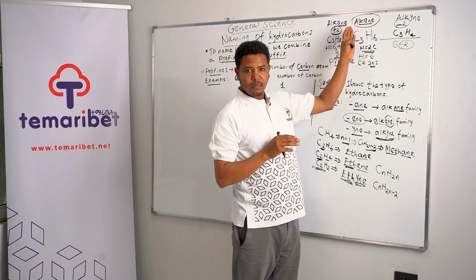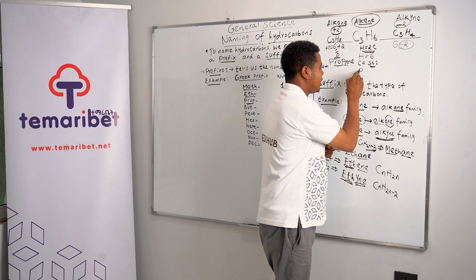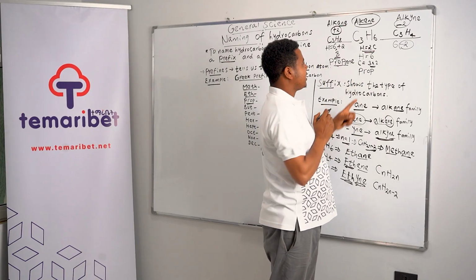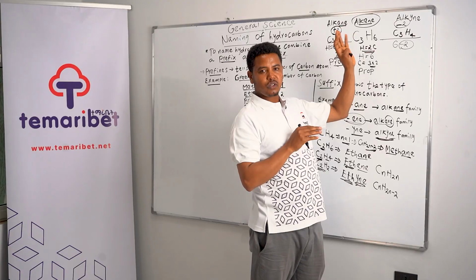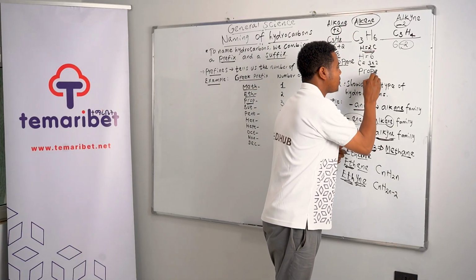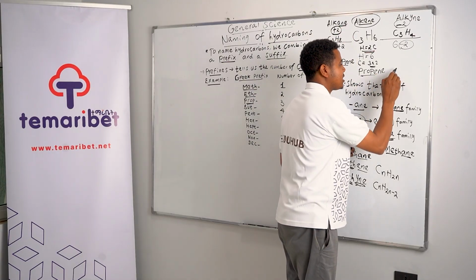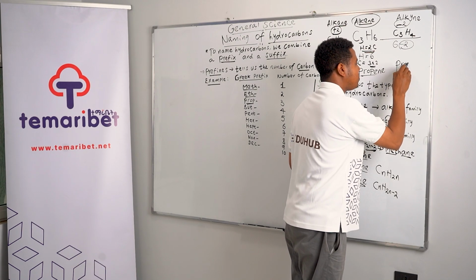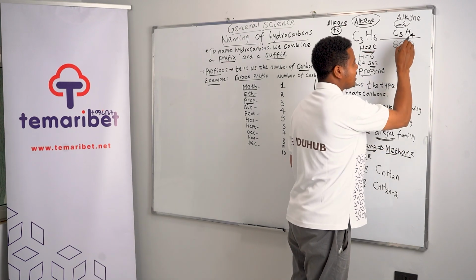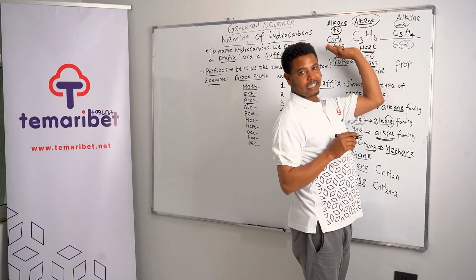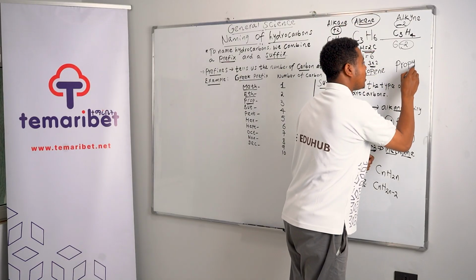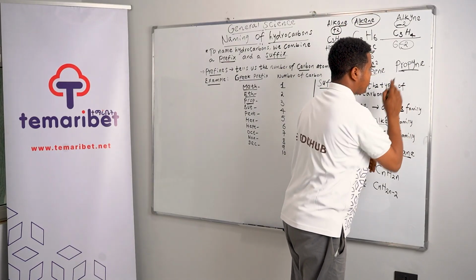For the next one, we use the same prefix, "prop", but here the hydrogen atoms are double the carbon, so it's definitely alkene. So you say propene. And the third one is also "prop", showing 3 carbon atoms, and the hydrogen atoms are fewer than in alkene and alkane. So here you have to add the suffix "yne": propyne.